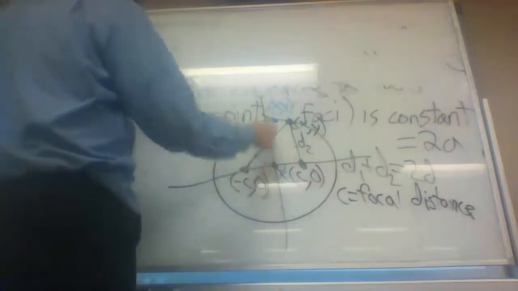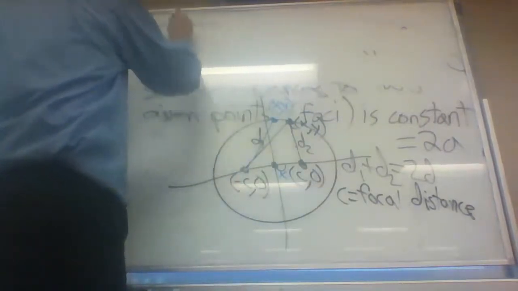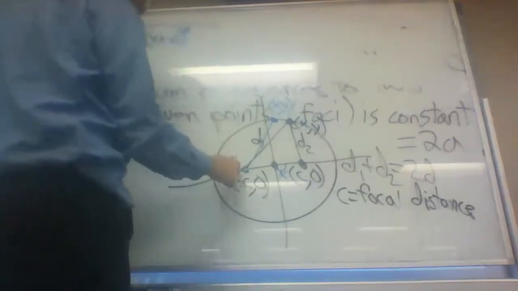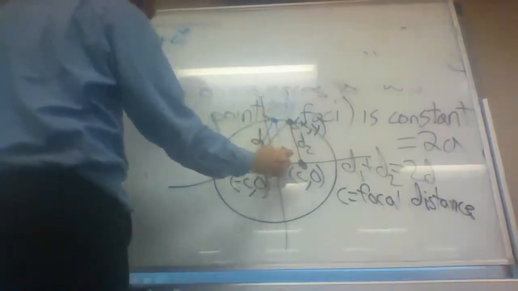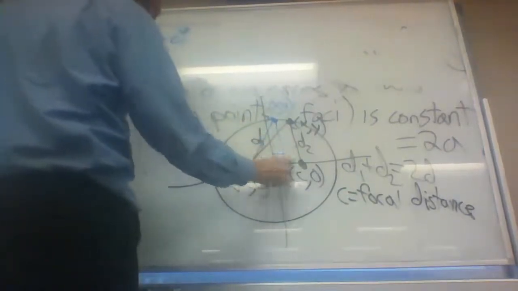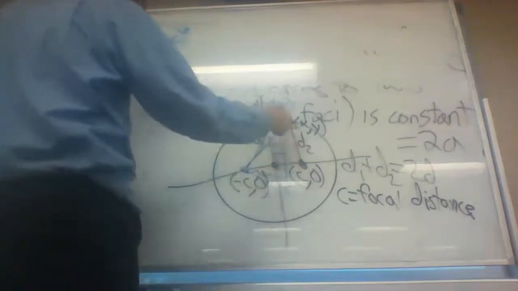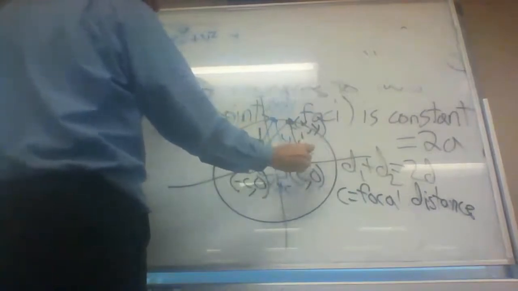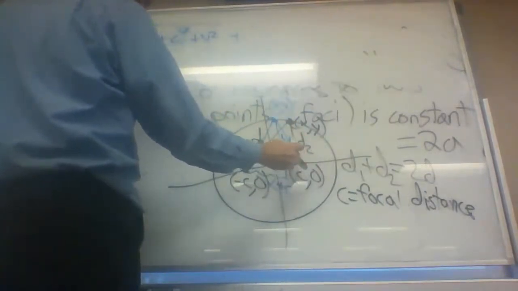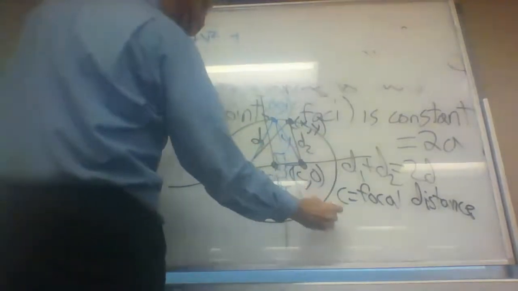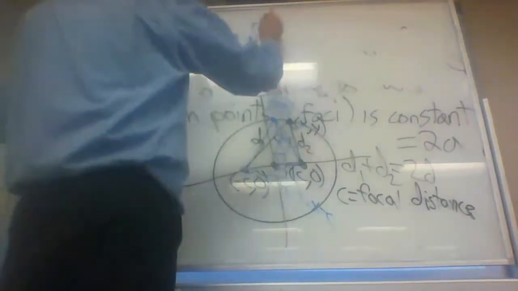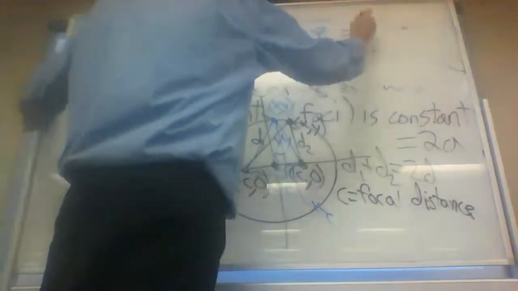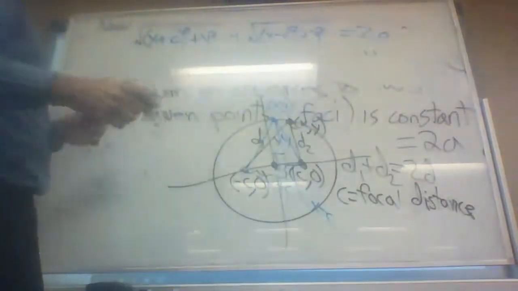The x distance is x plus c, and you make a triangle, x plus c by y. So square root of (x plus c) squared plus y squared, plus this distance over here. This one would be x minus c as the x coordinate, and the y coordinate is y. So square root of (x minus c) squared plus y squared. That has to all be equal to 2a.